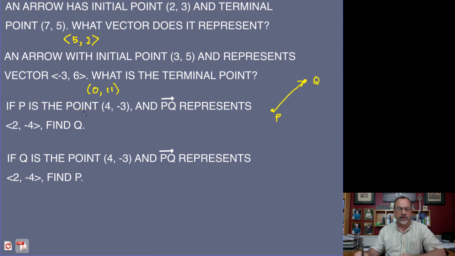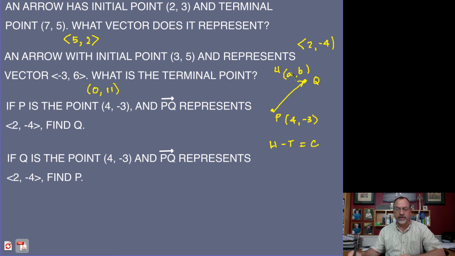I'm given the point 4, negative 3, and like the problem before, I'm given the vector components as 2, negative 4. These are the components, with the head and this the tail. So again, I'm going to use head minus tail to give me the component.